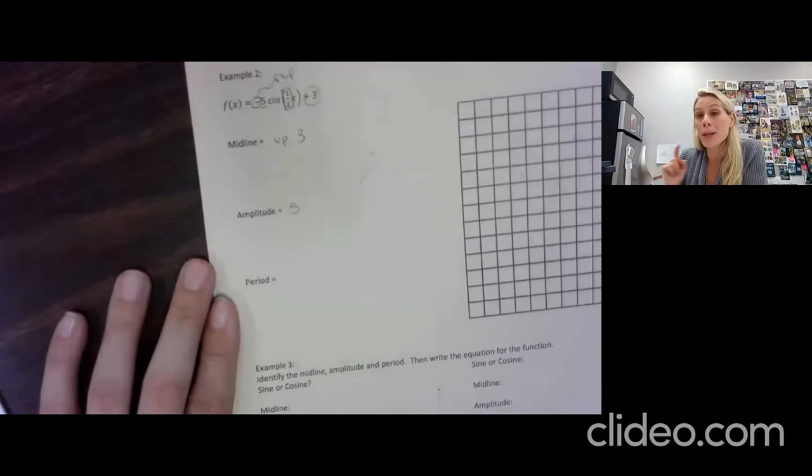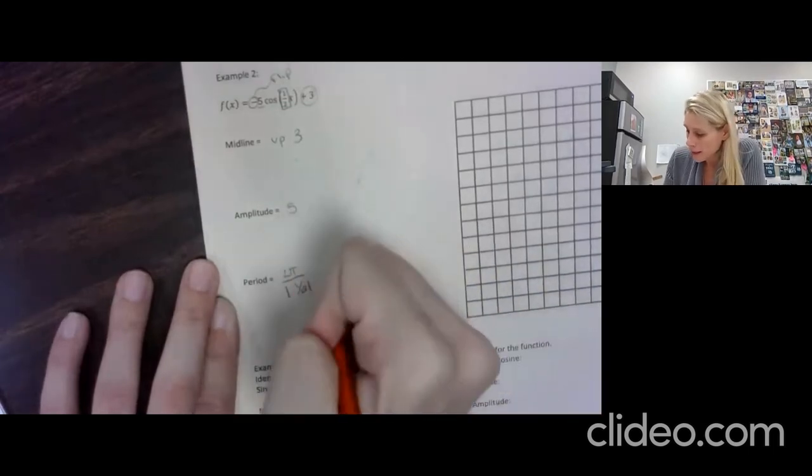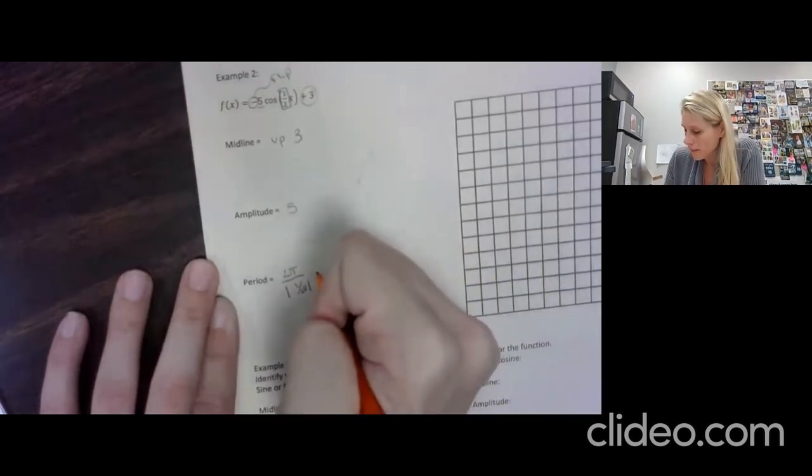Okay. Period comes from what's in front of x, right? That b, it comes from it. It's not exactly it. Okay. So if we remember, period for sine and cosine is 2 pi over the absolute value of b. Okay. Now there's our mathematics skills, right?